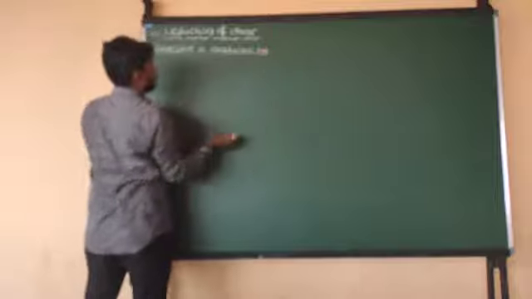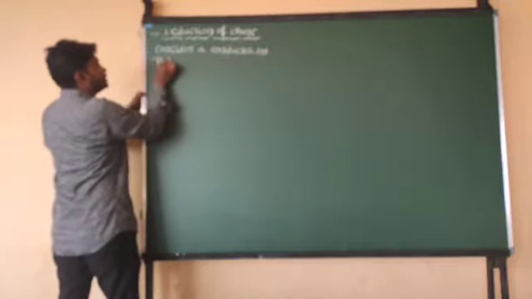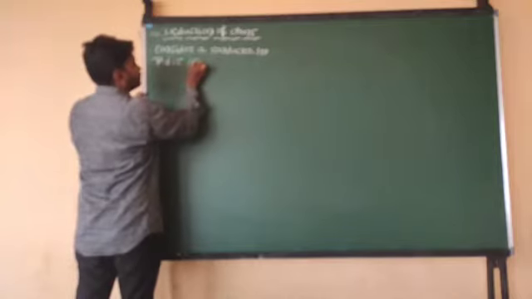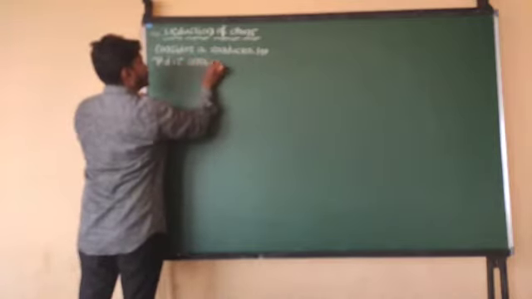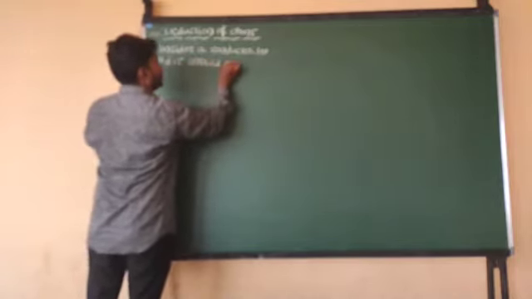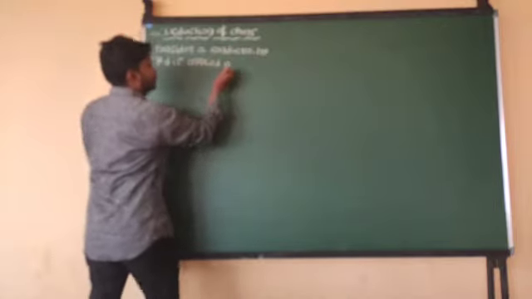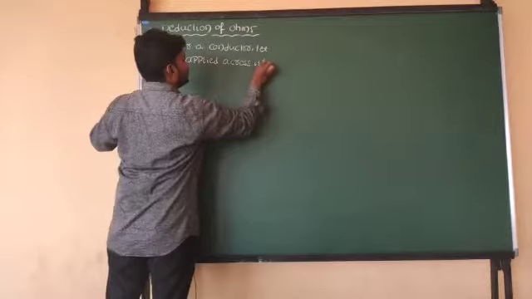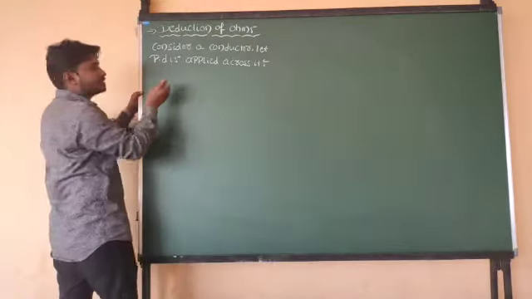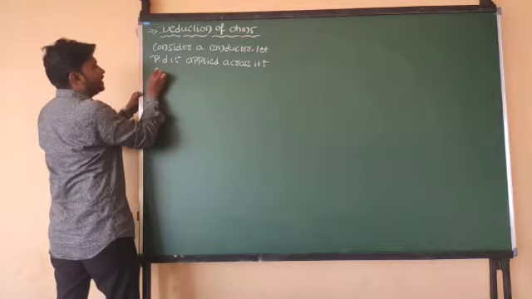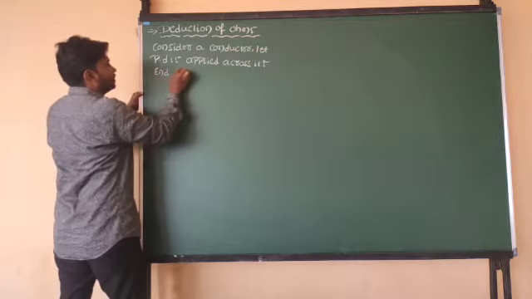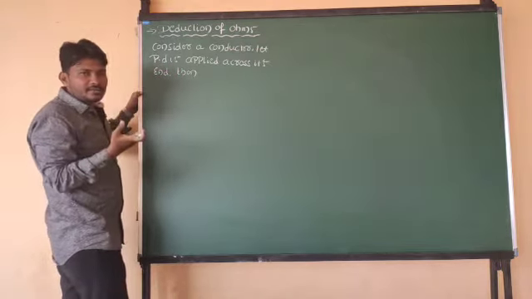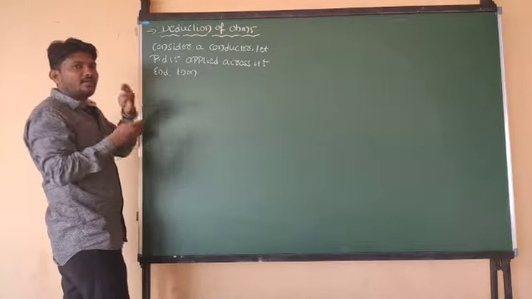Let a potential difference be applied across its ends. Whenever a potential difference is applied to the conductor, what happens here?